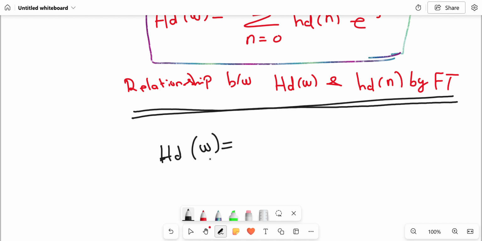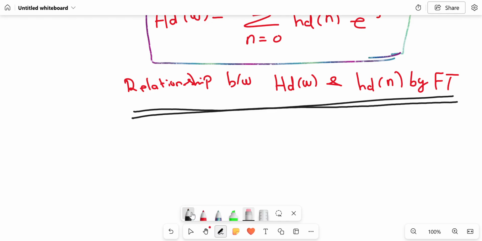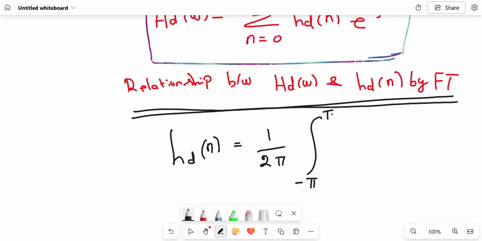From this we can directly write HD of n equal to 1 by 2 pi, integral from minus pi to plus pi of HD of omega times e power j omega n d omega.